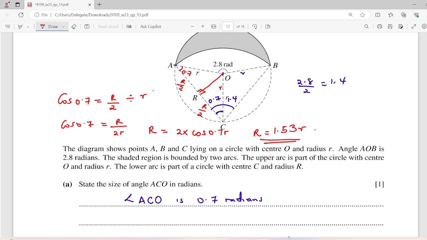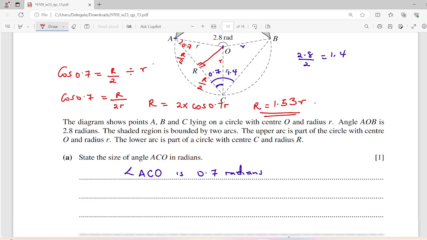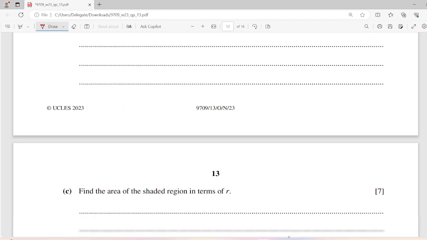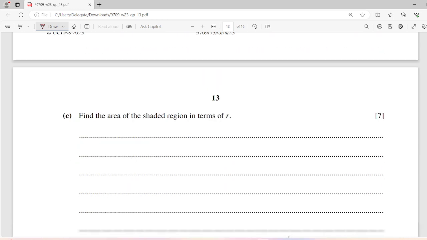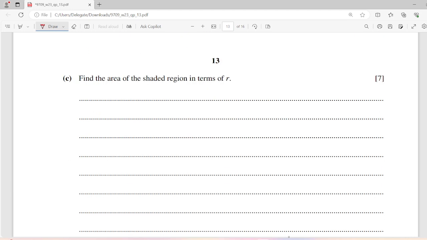But I wanted to keep looking at the diagram. So lastly on that question, they wanted the area of the shaded region, and it took 7 marks. So if I'm to do a sketch right here, this is the original circle. My art isn't really good. 0.28.